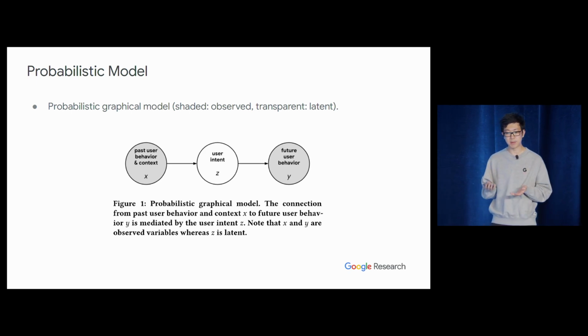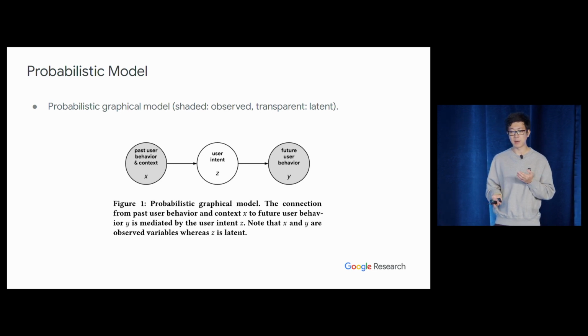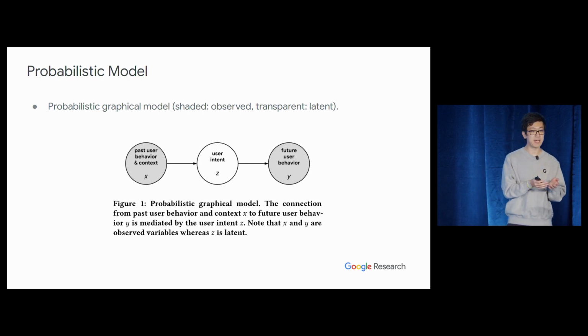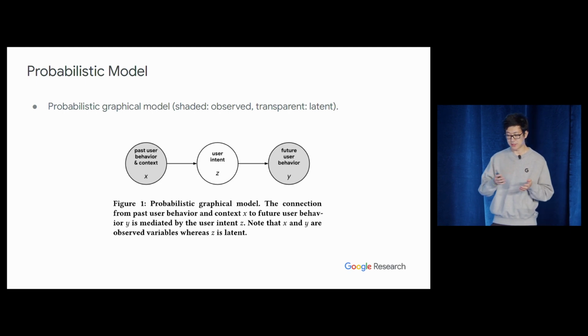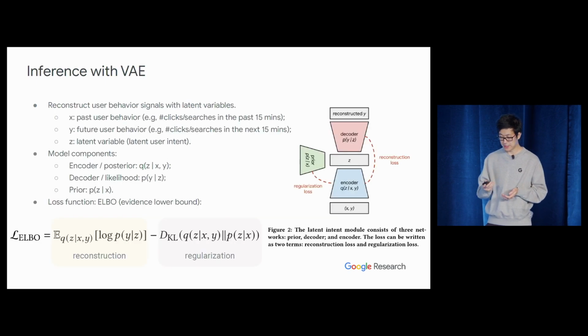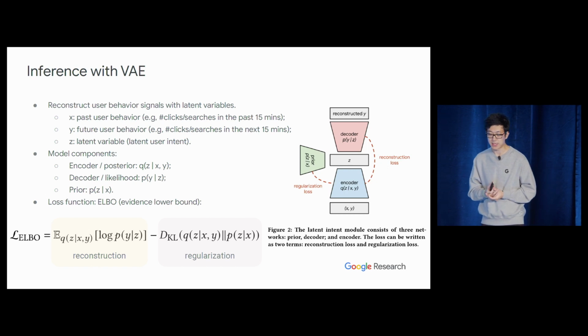So with this probabilistic modeling approach, the objective is essentially trying to model the conditional distribution of the future user behavior conditioned on the past behavior. And then this connection between past and future is mediated by the latent user intent. That's the high-level assumption of our probabilistic model.